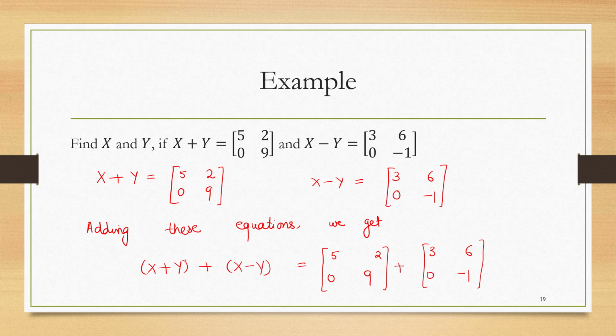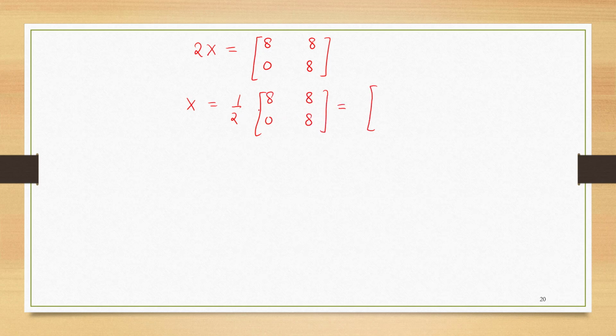See, on the left side, Y will get cancelled and we are left with 2 times X. And on the right side, we have 5 plus 3, 8, 2 plus 6, 8, 0 plus 0, 0, 9 minus 1, 8. So we have 2X is equal to 8, 8, 0, 8. Or X is equal to 1 by 2 times 8, 8, 0, 8. That is, multiplying each entry with 1 by 2, we get 4, 4, 0, 4.